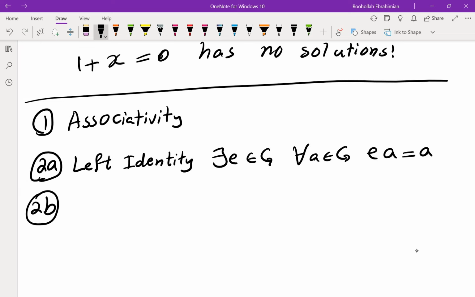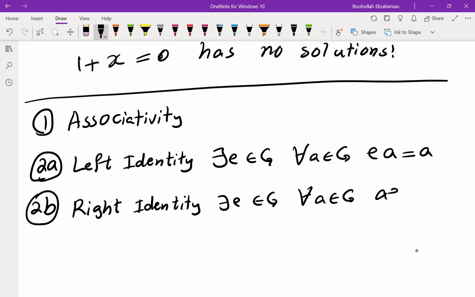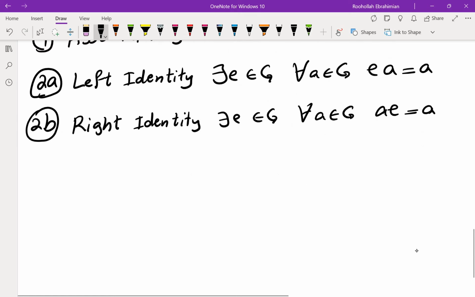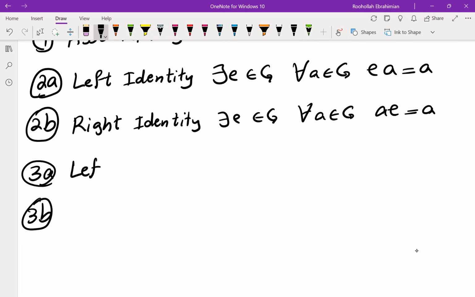We could also write down a right identity. That means there is an element E in G such that for every A in G, AE is equal to A. And then we could also break down the definition of having an inverse into two different things: left inverse and right inverse.